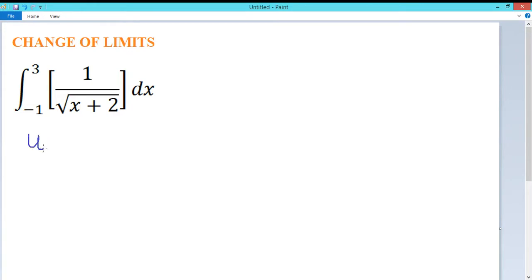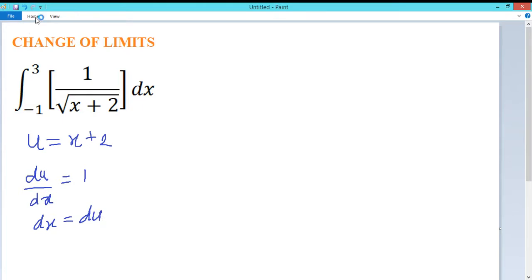So we have u is equal to x plus 2. Then I can differentiate my function u. Then I'll have du over dx is equal to 1. This will imply my dx will be equal to du.